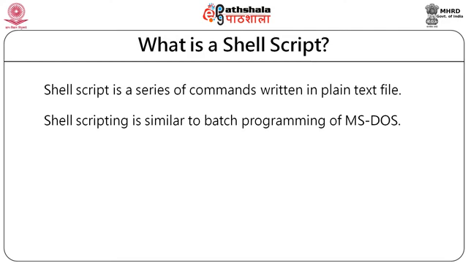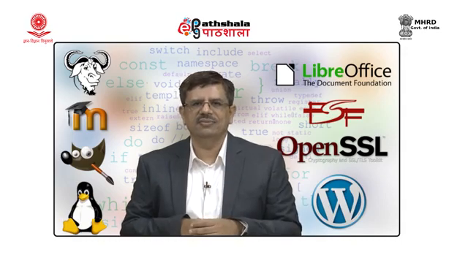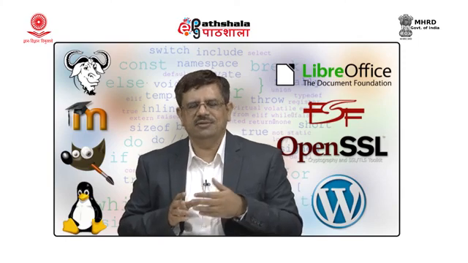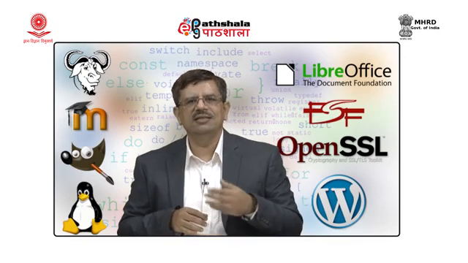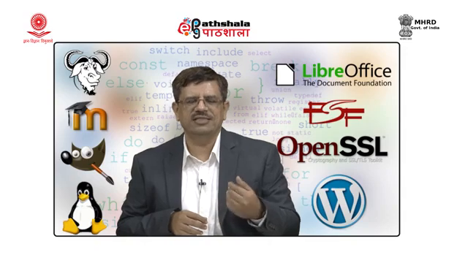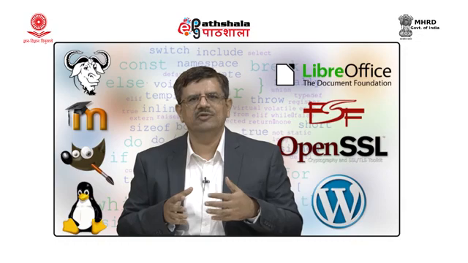Instead of using a single command, the programmer writes a series of commands into a single file, which is known as a shell script. This is very similar to DOS batch programming. In the MS-DOS operating system, there is a similar concept that we call batch programming, but later you will see that shell scripting is quite powerful compared to DOS batch programming, and the administrator can manage entire systems through shell scripting.